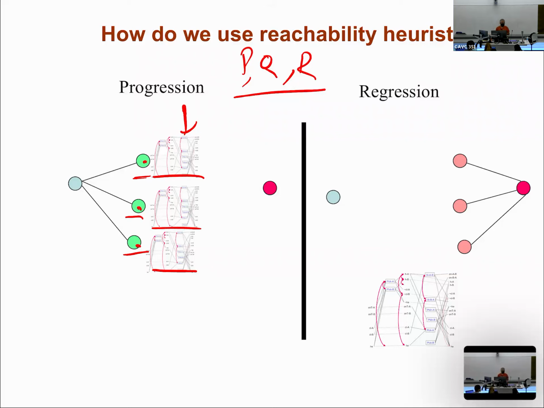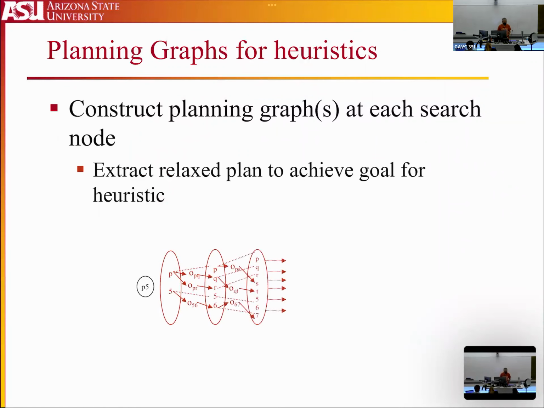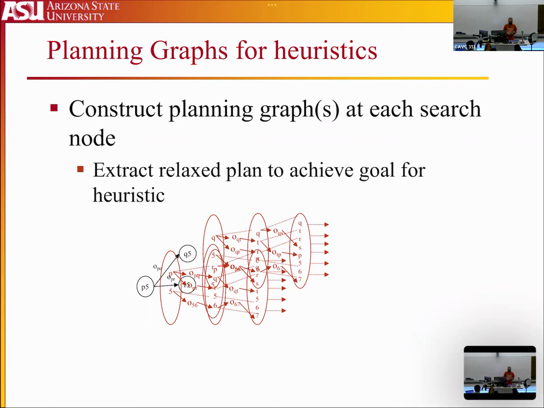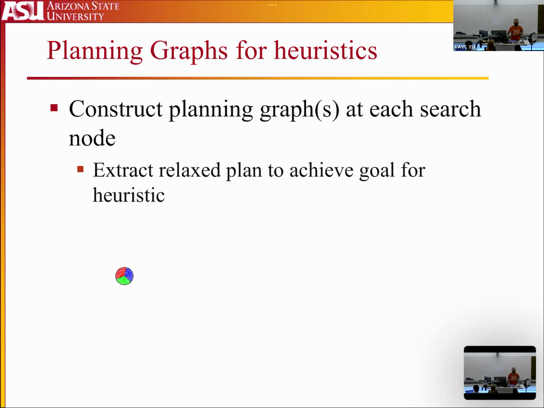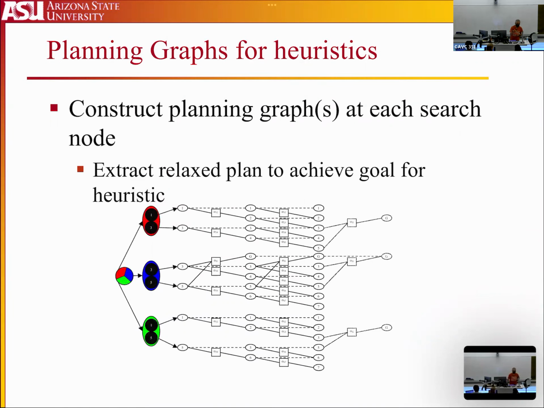If you want to see a nice animation, that's a nice animation. I didn't make it because I can't make this kind of animation. For each of the states, your computer is constructing the planning graph, and within that planning graph you're checking the levels and so on. This was done by Dan Bryce, the lead author, an old PhD student.